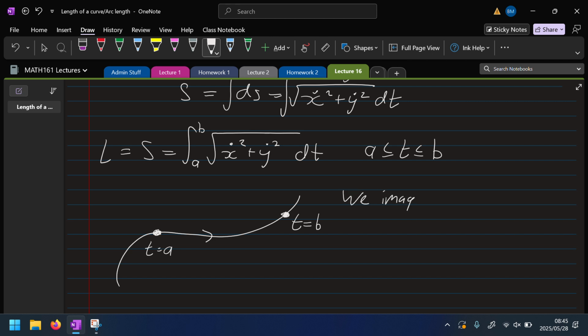So we imagine a particle moving along a curve. This goes back to that physics view that we looked at last week.